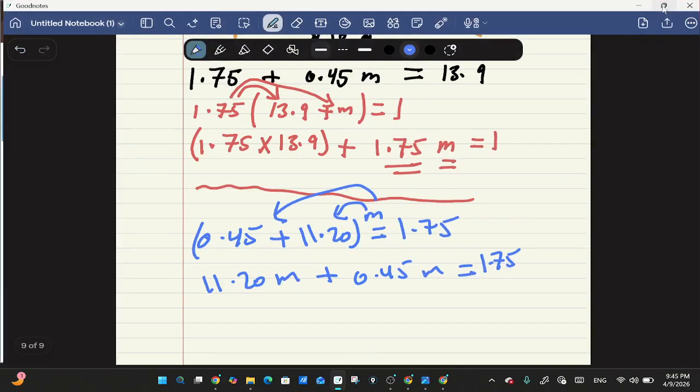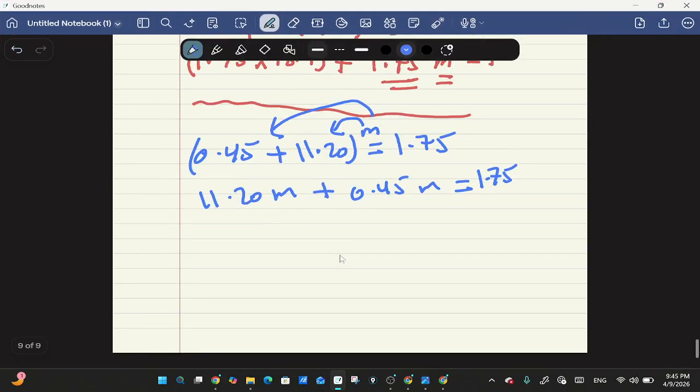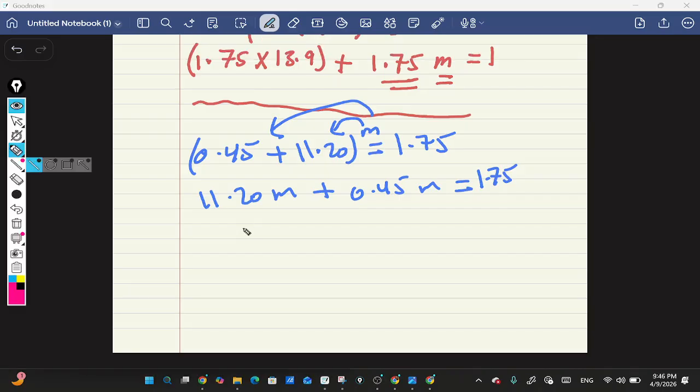Let me try this. So we can say 11.2 plus 0.45.